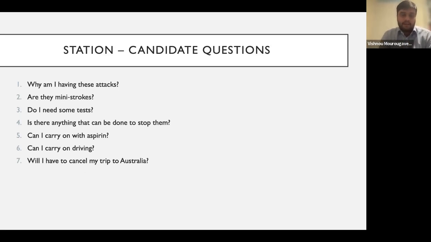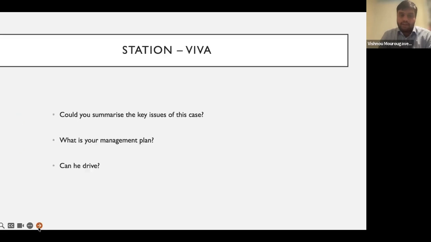In the Viva, the very classical questions that you'll be expected to answer are to summarize the key issues of the case. So what the patient's agenda is, what's your agenda, etc. What is your management plan? And if you did not, they usually will just ask you to clarify whether a safety point if there was one.